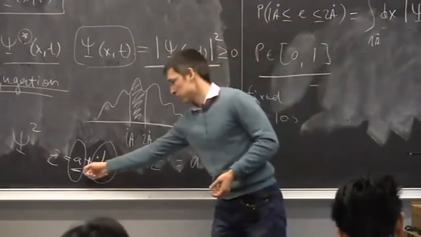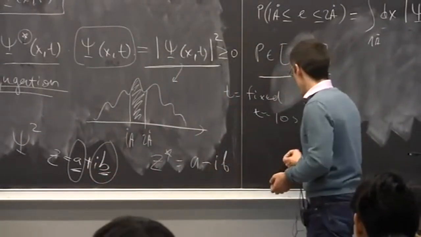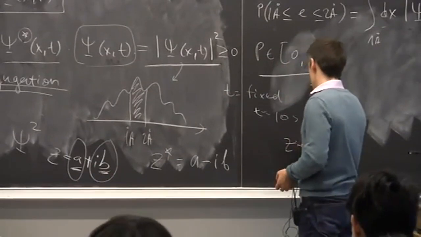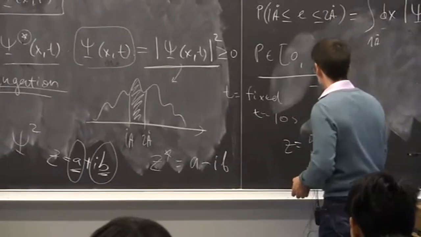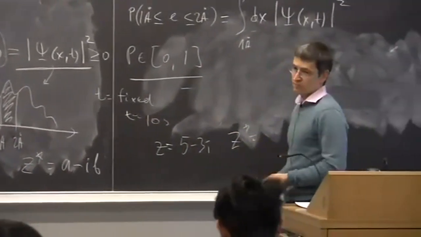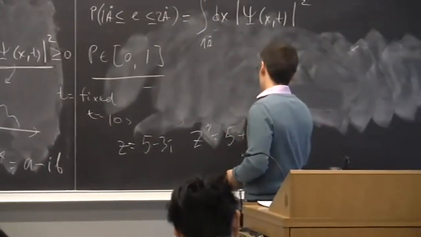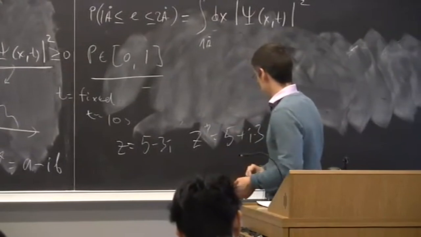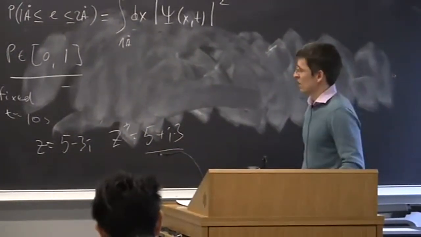So if there was a plus IB, you make it a minus IB. And just to show you an example, say Z is 5 minus 3I, what would be Z star? 5 plus 3I, right. So that's the conjugation.